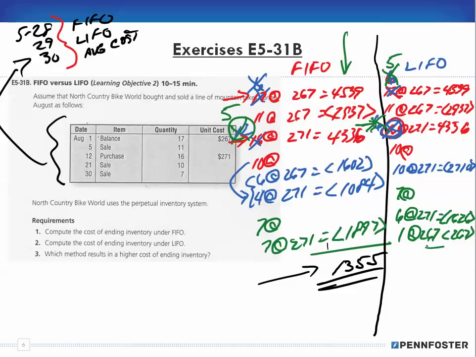Okay, so now, to get my ending inventory value, I just add up everything in this column.